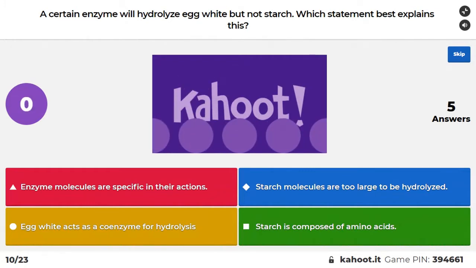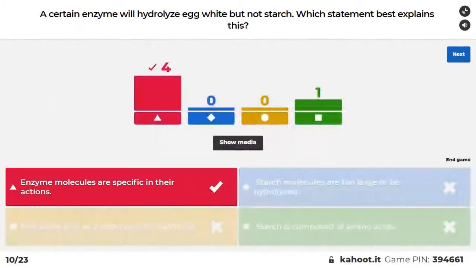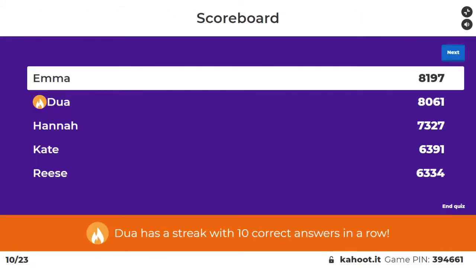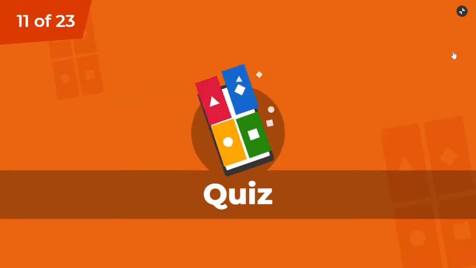Good for you. Yes, that's right. Enzyme molecules are specific in their actions. So if an enzyme can work on egg white, but it doesn't work on starch, that speaks to enzyme specificity. That's all. Good for you for taking the time to read that. Dua, you are on fire. 10 correct answers. Wow, awesome.